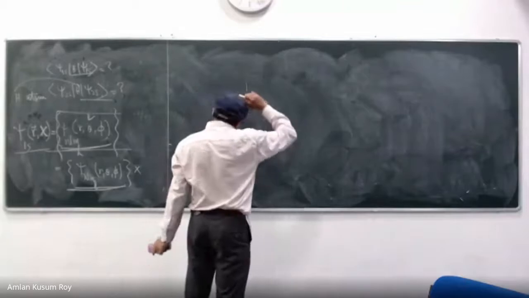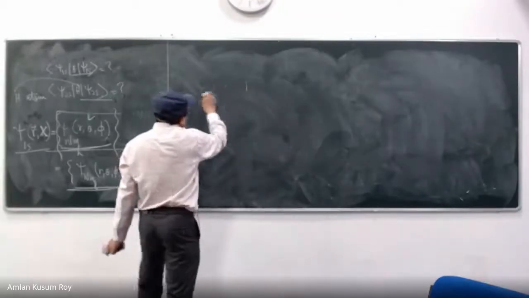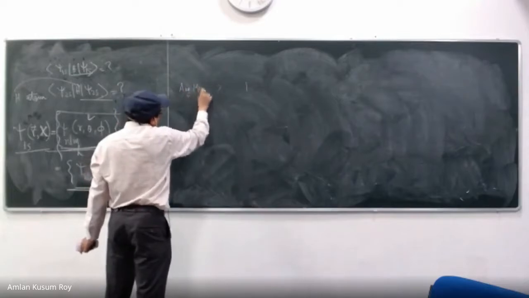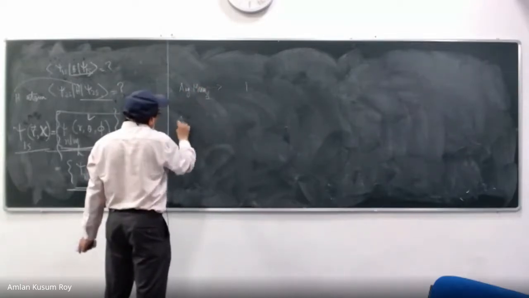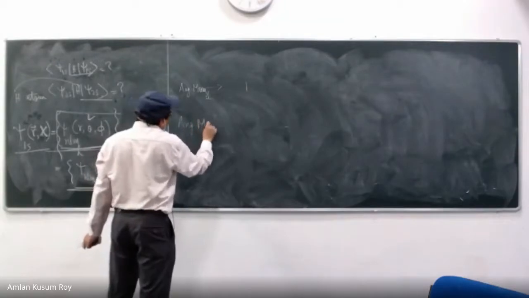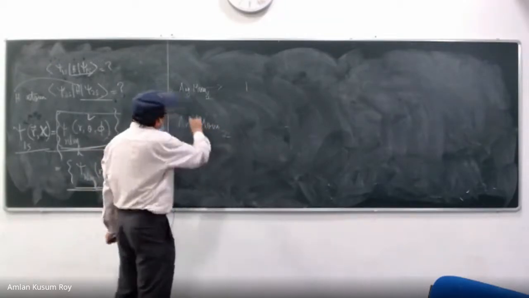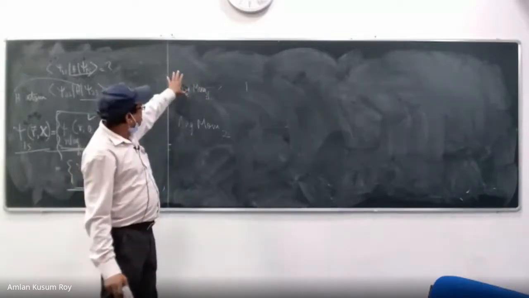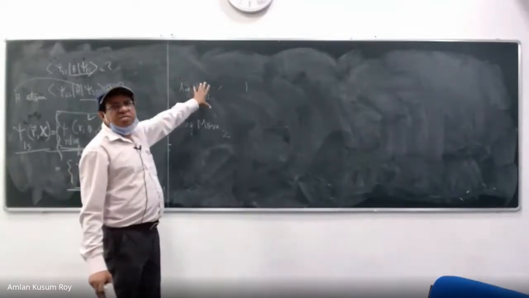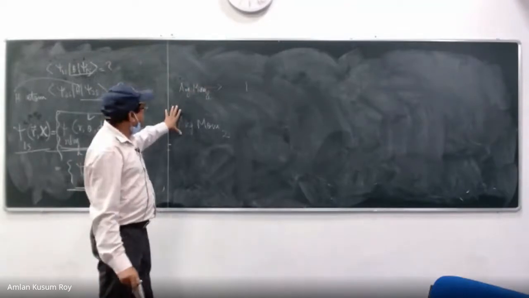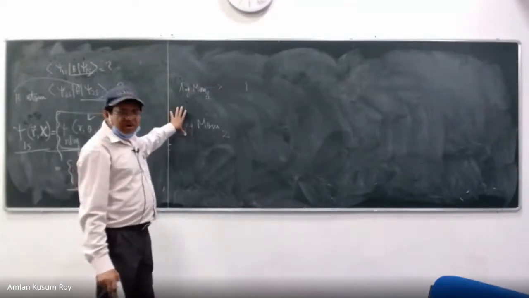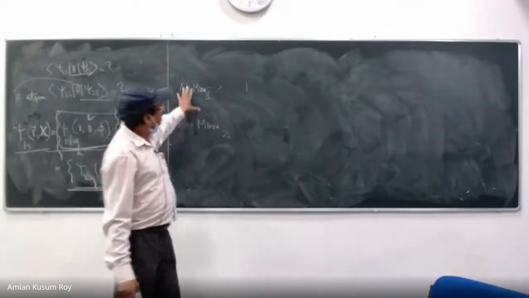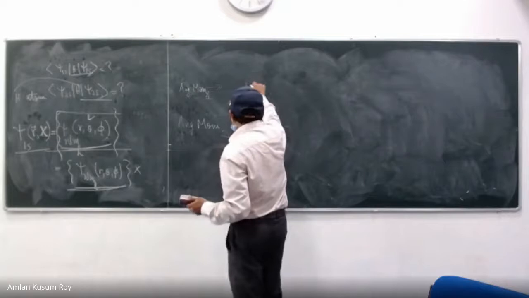So the problem is like this. I have an angular momentum 1, and I have an angular momentum 2. Where does angular momentum come from? Angular momentum can come from orbital motion, or it can come from spin. So there is no difficulty with that.